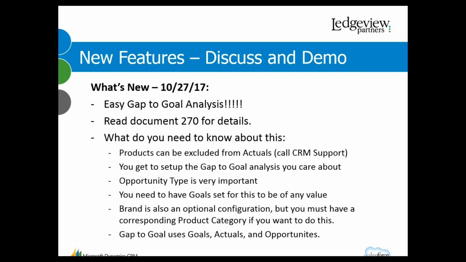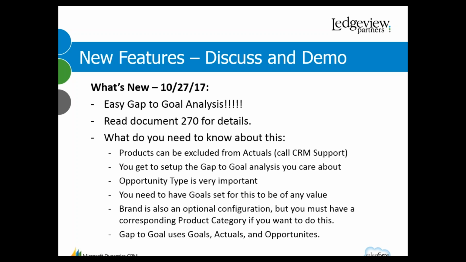Then you need a corresponding product category in your goals and your actual data, and they have to be spelled the same. If you had a brand called Shell and you set goals down to the product category level of Shell, then we can do that analysis for you. It's just an option in here. I don't know how many people are going to want to do this gap to goal analysis down to that level, but if you do and your system is set up properly, by all means, go for it.